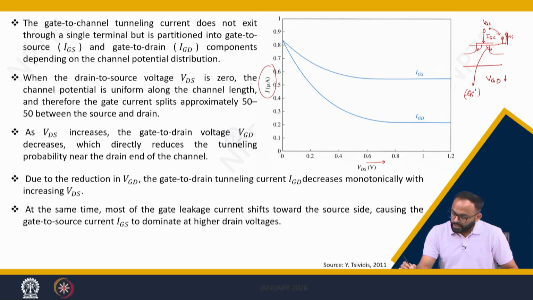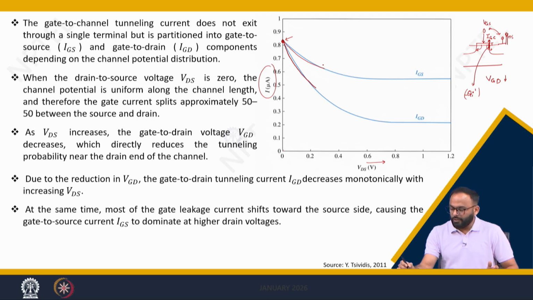That is why the probability of tunneling near the drain will reduce. When VDS equals 0, the gate-to-drain and gate-to-source contributions are just 50-50, but when you increase VDS, the gate-to-drain side current is smaller than the gate-to-source side current.